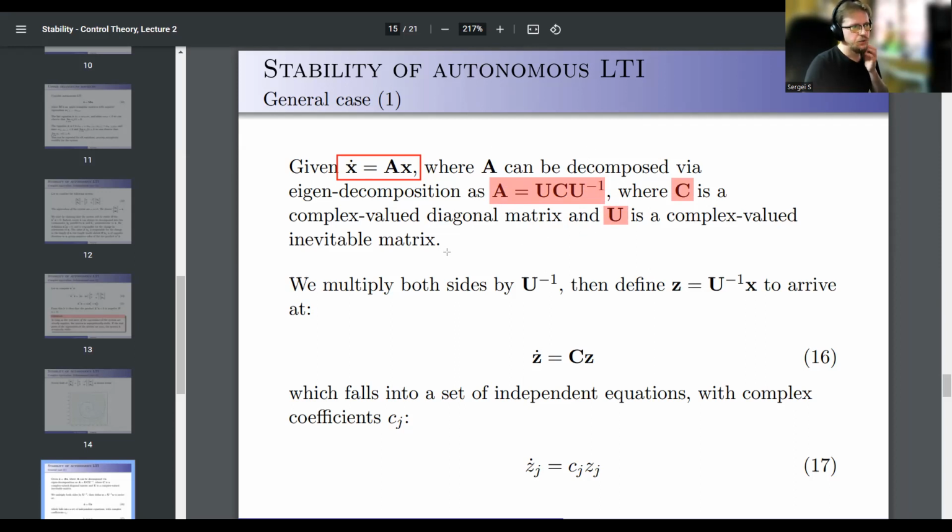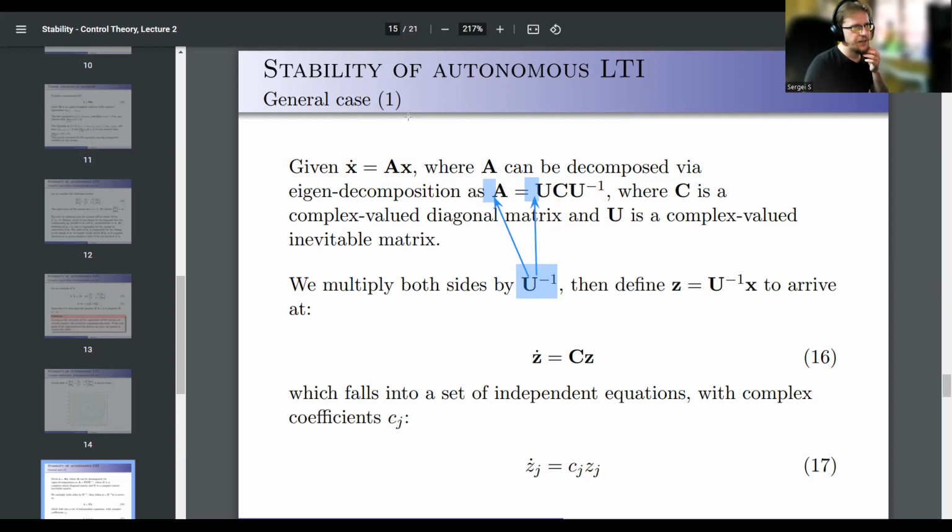Right. So we can multiply both sides again. Let me just repeat what we did before. We multiply both sides by U inverse. So we multiply it here and here. Okay, by U inverse. It goes here and here.